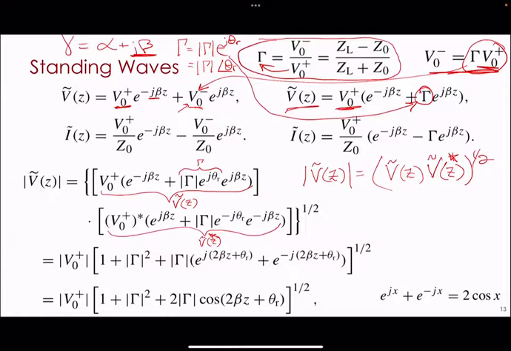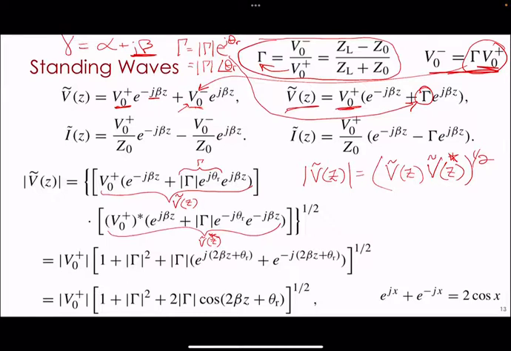All right. Now, look at our definition here that we're using of magnitude. The magnitude of something is the thing times the complex conjugate of the thing, square root.